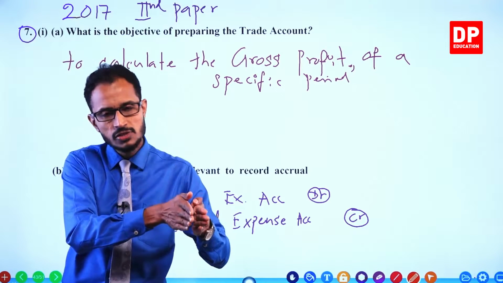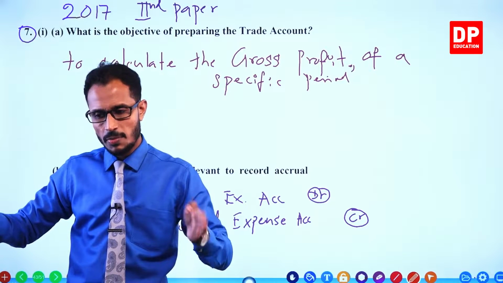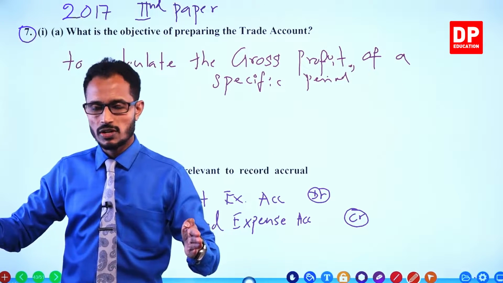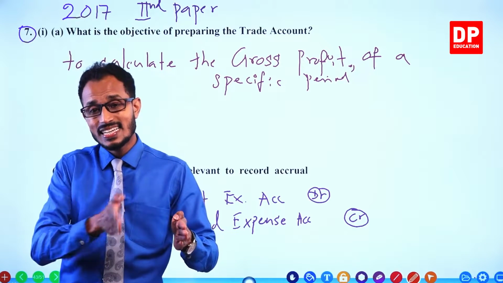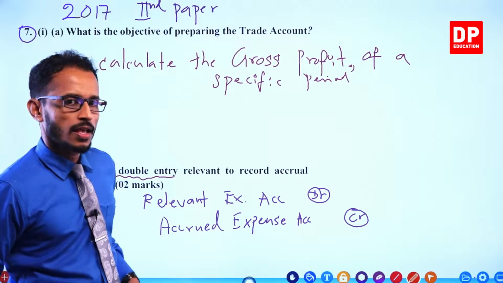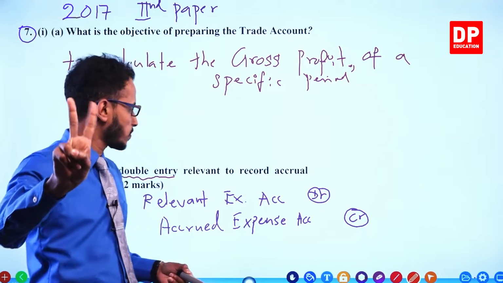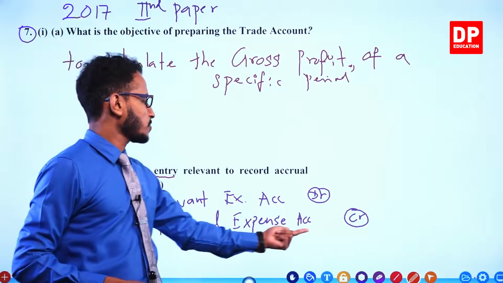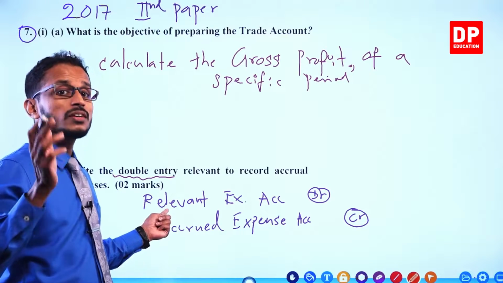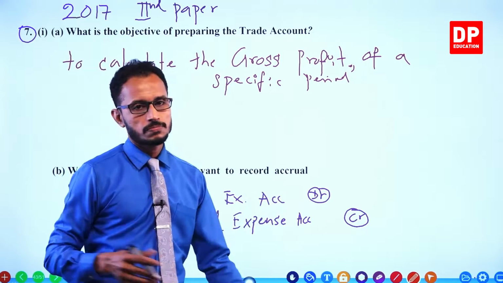For the 12 months, 12,000. But as at December 31st, only 10,000 is paid. How much is accrued? Unpaid? 2,000. So accrued expense account should be credited with 2,000. The rent expense account, the relevant expense account, must be debited with 2,000. Double entry.